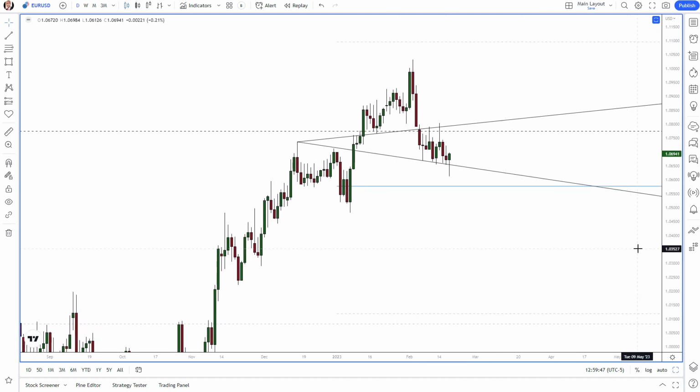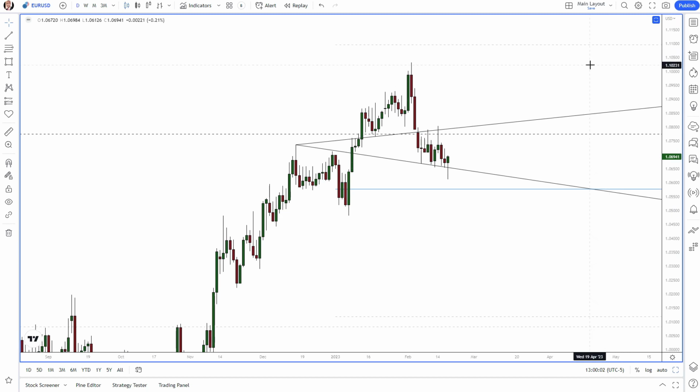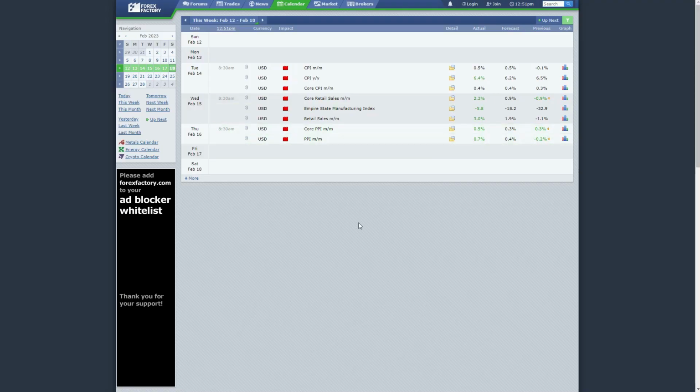So that's going to do it for this weekly recap of the Euro USD. I always do a recap either on Fridays or Saturdays to see what's going on for the previous week and then going into the next week. As far as data goes, or the calendar, there's not really much going on.